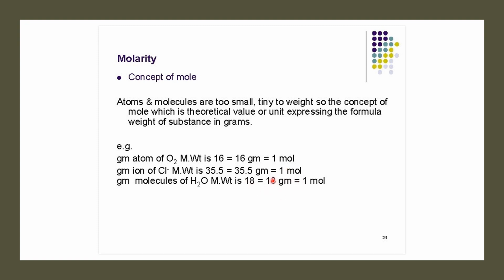This is equivalent to 18 grams, which is equal to 1 mole of water. So 1 mole of water is equivalent to 18 grams of water. That is the relationship between the molar mass, the mole, and the molecular weight of our compounds.